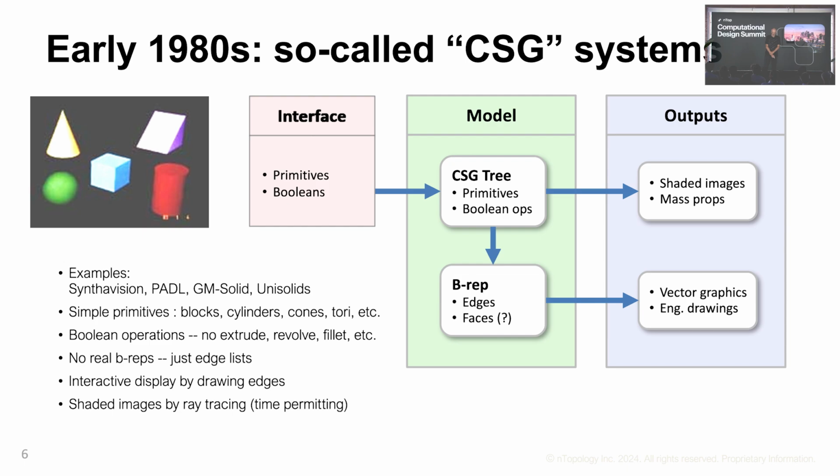The interesting thing about these is that most of their applications were based on the contents of that tree. So we had to produce sort of very simple boundary representations, or at least lists of edges, because we had to draw those green lines, right? So you got to figure out where those green lines are. But we only did it sort of begrudgingly. We didn't really like producing boundary representations because it was a pain, it's still a pain. So most of the applications were based on the tree.